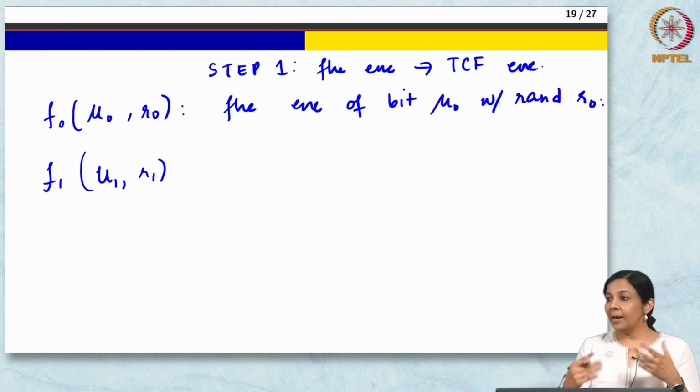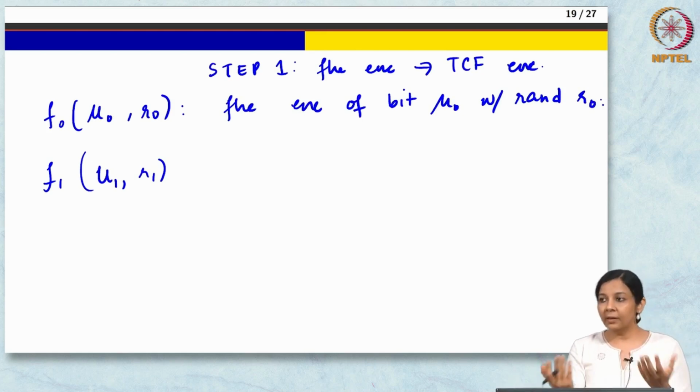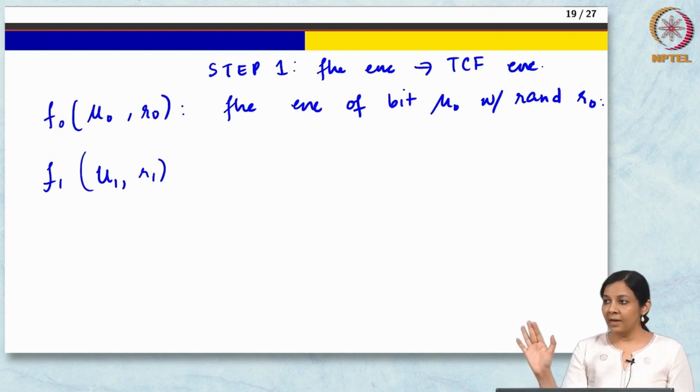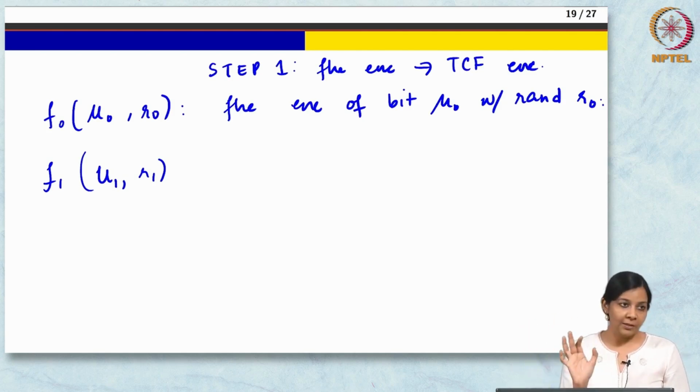The FHE encryption algorithm is a function. What does this function take? It takes a message bit which it encrypts, and it takes some randomness which it uses to perform the encryption. So, my F0 of mu 0, r 0 is just defined as the FHE encryption of bit mu 0 with randomness r 0.